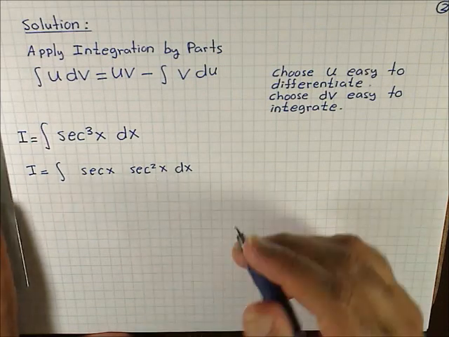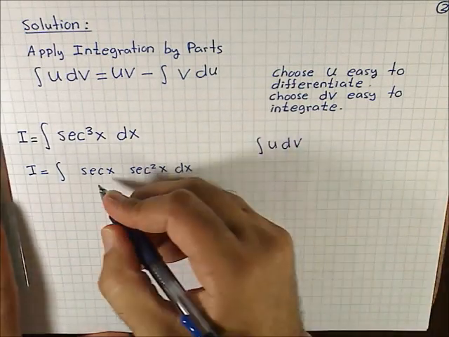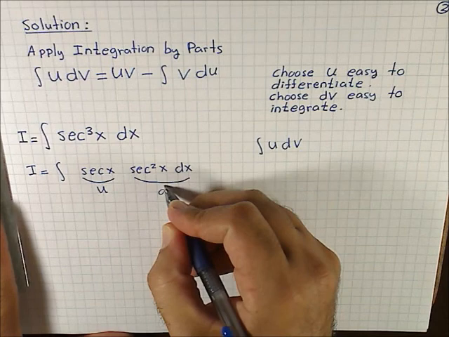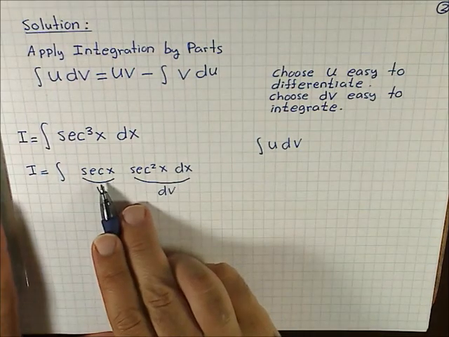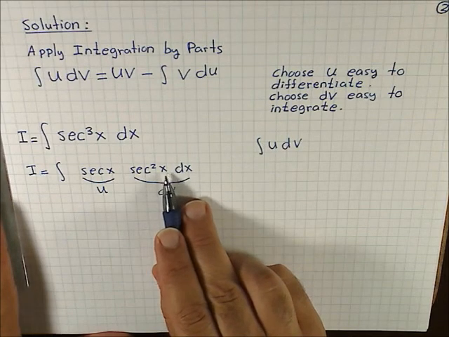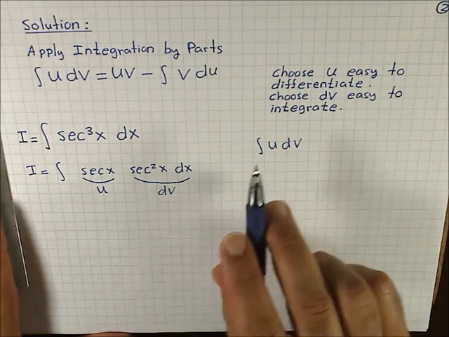It's because we're trying to write it in the form u dv, where this is u and this is dv. You see, we can differentiate u, that's just sec x tan x, and we know how to integrate secant squared x dx, that's just tan x. So that's the idea.